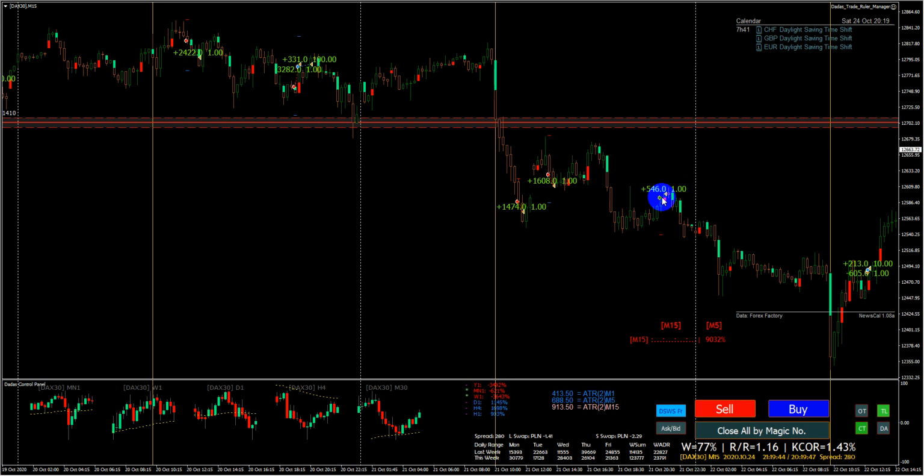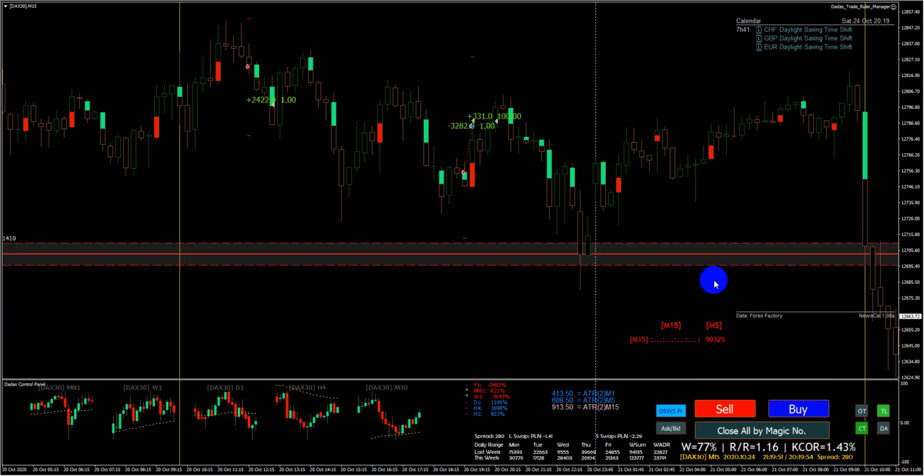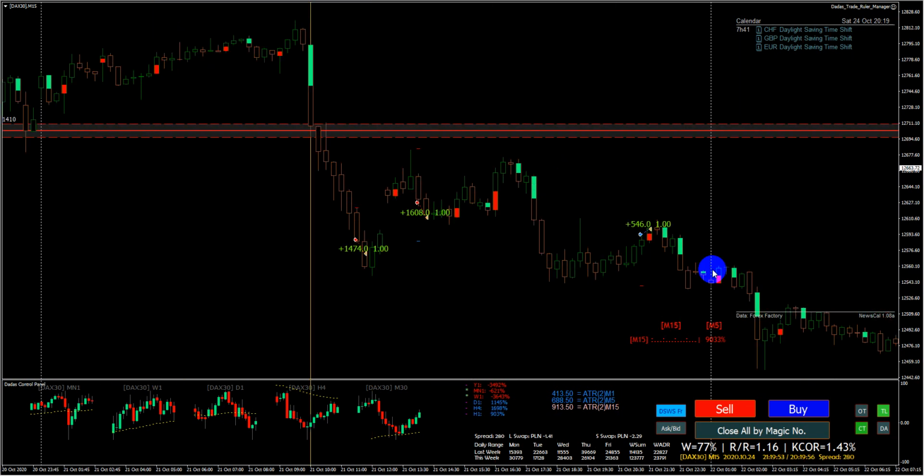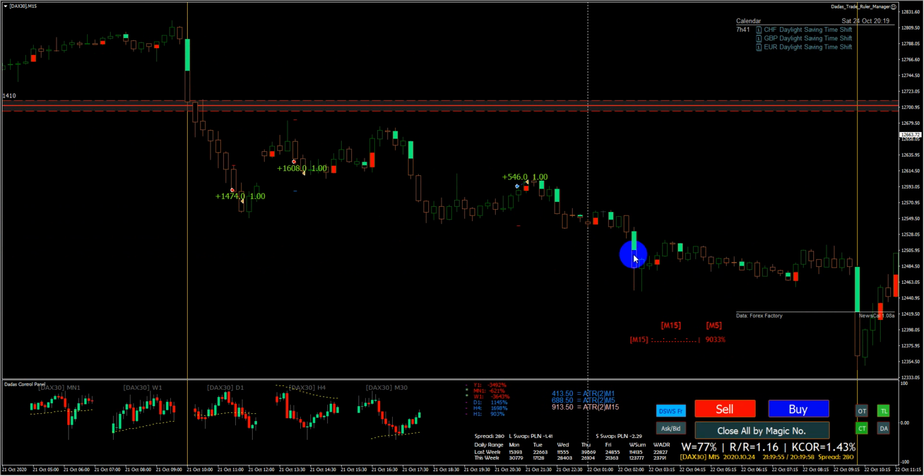So I jumped in long, but we can see, maybe I'll zoom in so that we can see better. The market kind of stopped, and I got out, and I did a good thing.